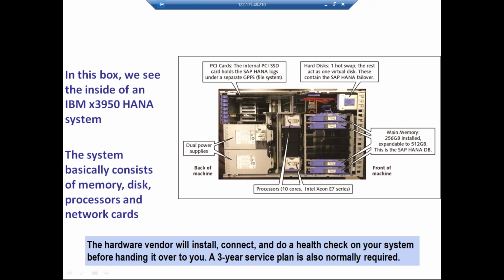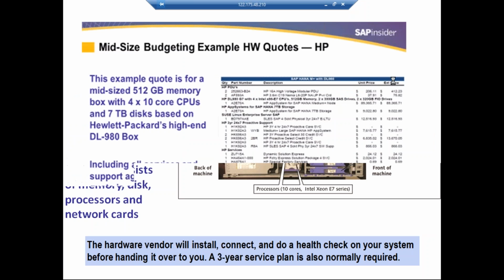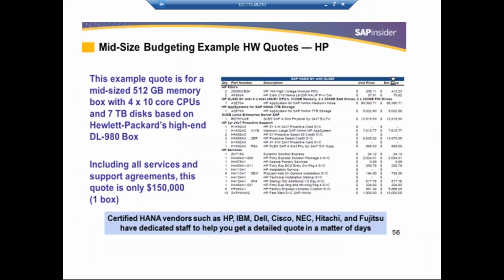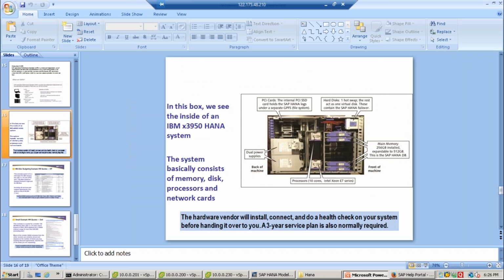It's clearly shown that main memory is 256 GB installed, expandable to 512 GB. So the maximum supported is 512 GB, but out of that only 256 GB is installed. So there is a possibility of upgrading it to 512 GB. That's a flexibility you have there. That kind of flexibility is sometimes what the customer will look for. That we call scale up.